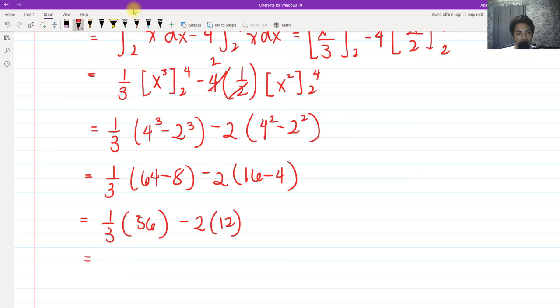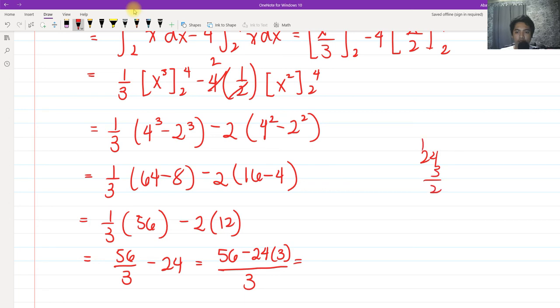Okay, so we have 56 all over 3 minus 24. So that is simply 56 minus 24 times 3 all over 3. Okay, so 24 times 3 is 72. So we have 56 minus 72 all over 3.